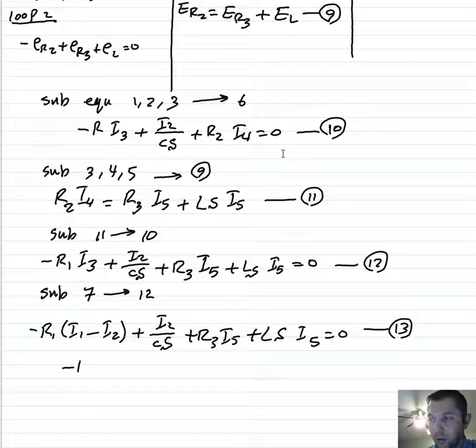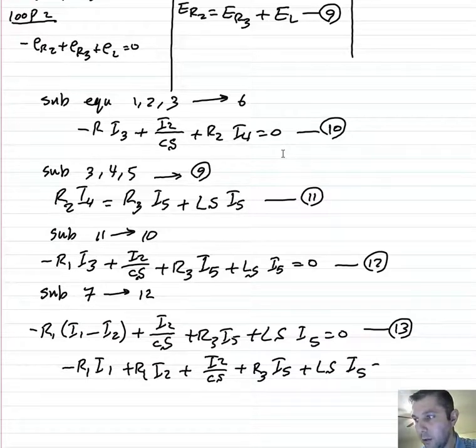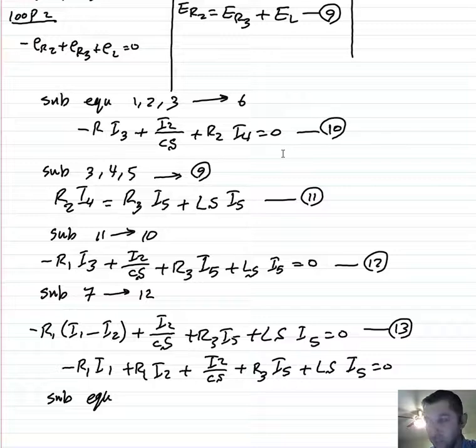And here we reduce it: minus R1 current 1 plus R1 current 2 plus I2 CS plus R3 current 5 plus LS current 5 is equal to 0. Then we will substitute equation 8 into 13.